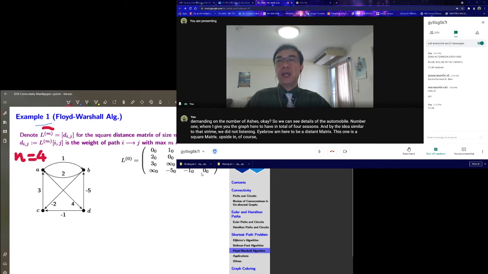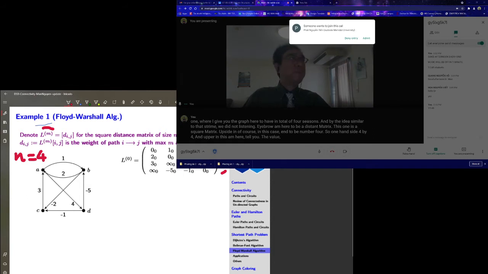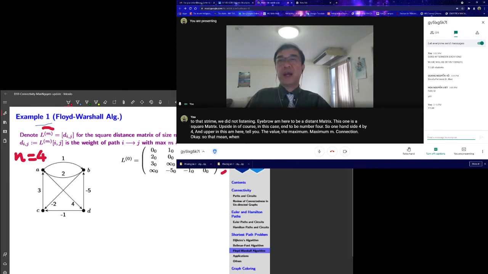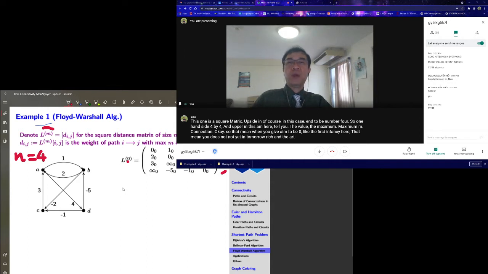In this case n is 4, so this one has size 4 by 4. And the upper index m here tells you the maximum number of connections. So when you give m to be 0, like the first instance here, that means you have not yet incorporated any arc, any connection between a pair of vertices.